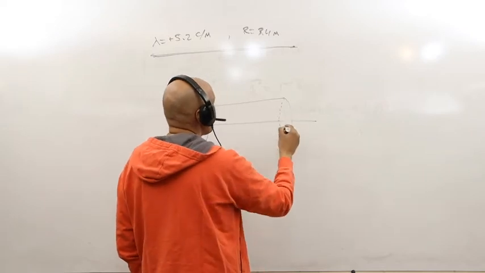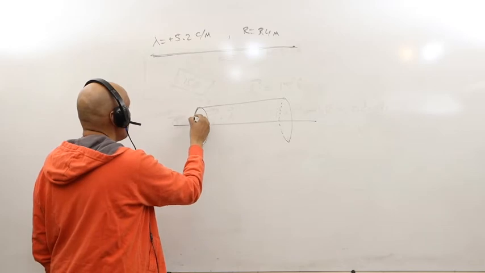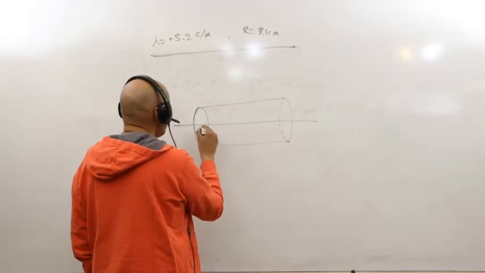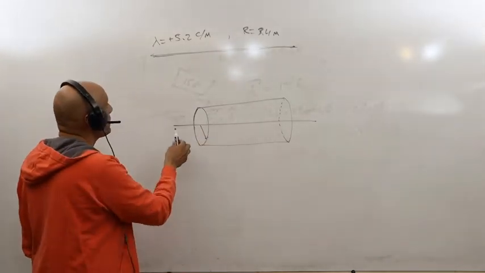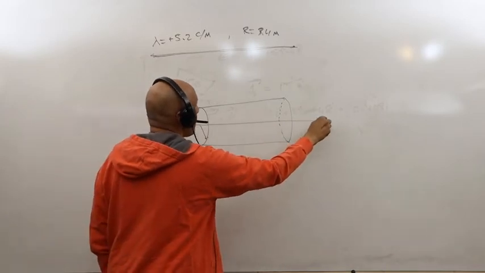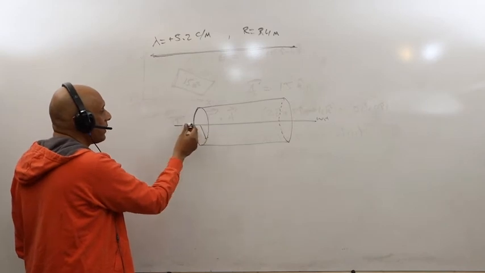I'm using the dots to represent something behind the board. We're going to be at a distance of r. Positive means there are positive charges along this wire. So here's our wire. Now the electric flux is going to be radially symmetric along that line.